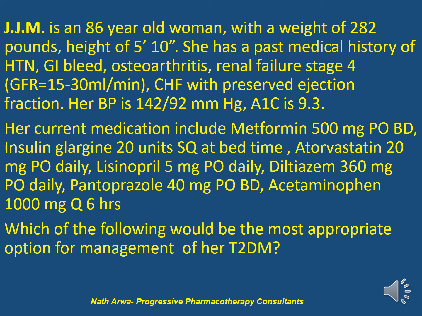Her current BP is 142 systolic, 92 diastolic, and she has an A1C of 9.3. Her current medication include metformin, 500 milligrams BD orally, and insulin glargine, 20 units administered subcutaneously at bedtime to manage her diabetes mellitus.